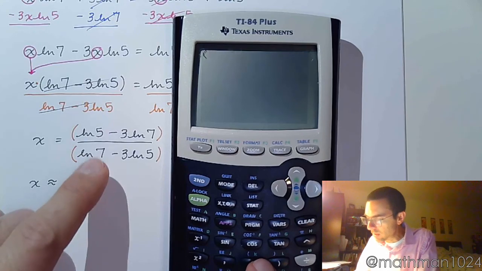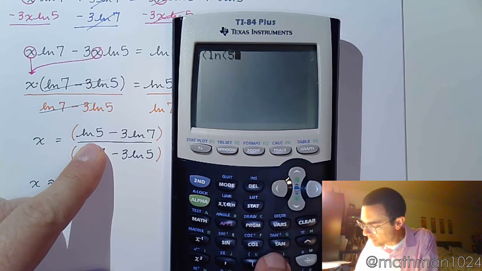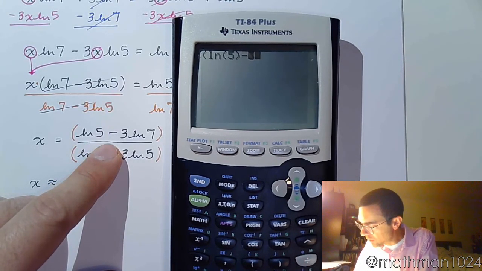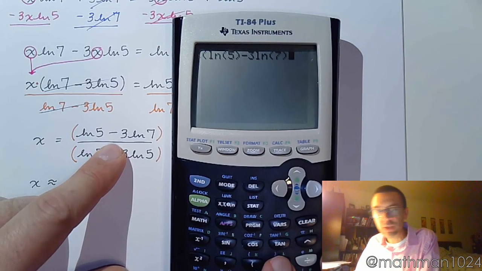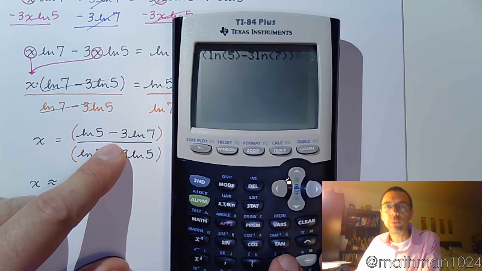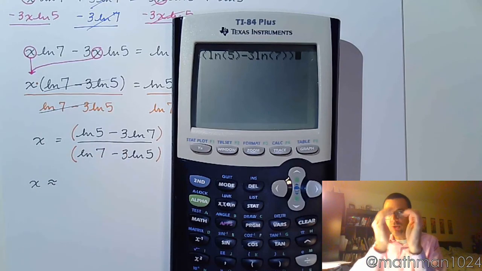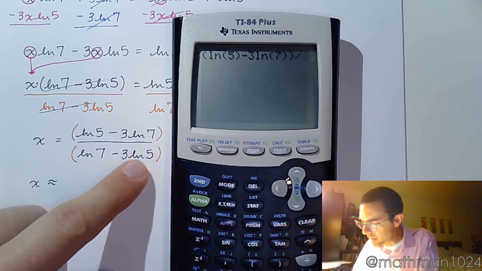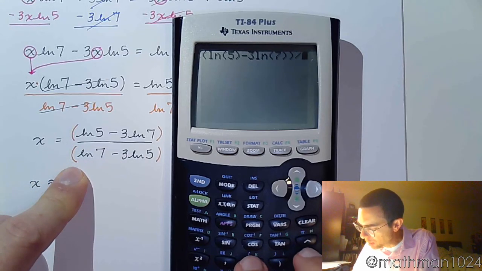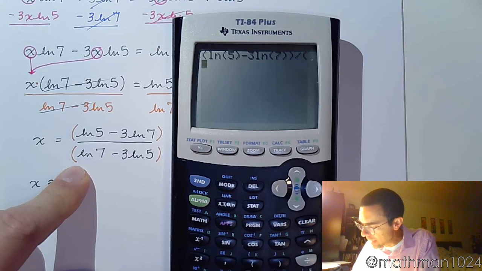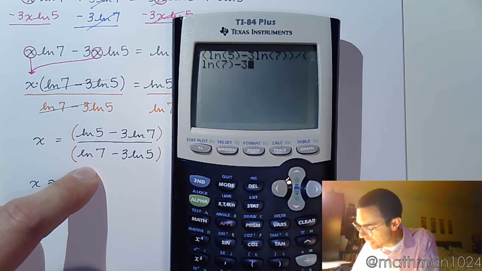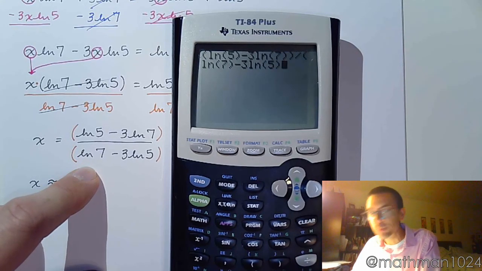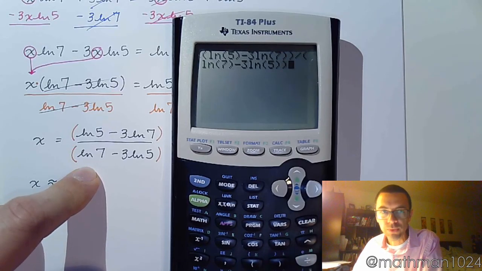Big parentheses, natural log of 5, close the log, minus 3 natural log of 7, close the natural log, close the numerator. Okay, make sure you can see how those parentheses are pairing up. Divided by, okay, that's the big fraction. Open parentheses for your denominator, natural log of 7, close the parentheses, minus 3 natural log of 5, close the parentheses for the natural log, close for the denominator.